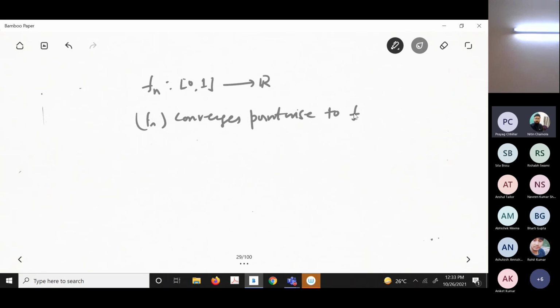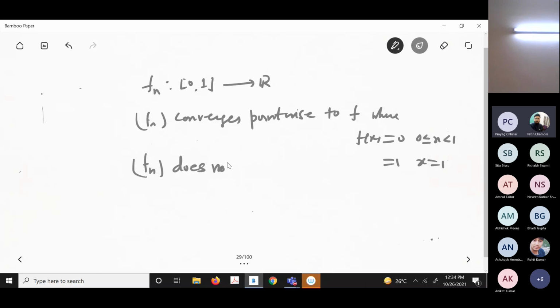That is not possible. So f(x) equals 0 when x is less than 1, and f(1) equals 1, and fn does not converge uniformly on this.